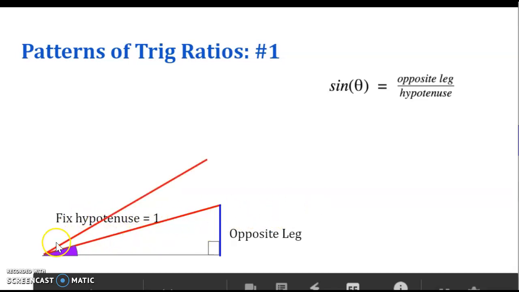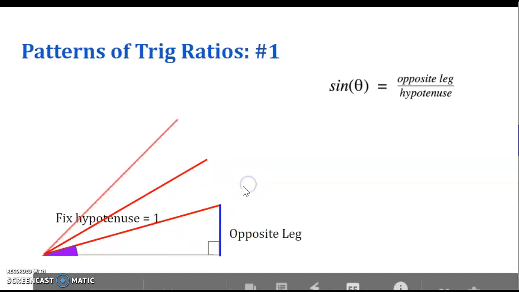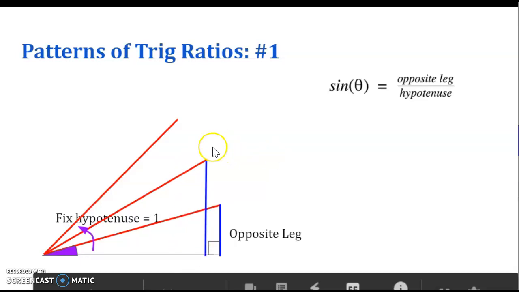If I increase the angle measure, what happens? As I keep increasing, the opposite leg gets bigger, doesn't it? It's starting from here and it just gets bigger. So the opposite leg just gets bigger as the angle increases.